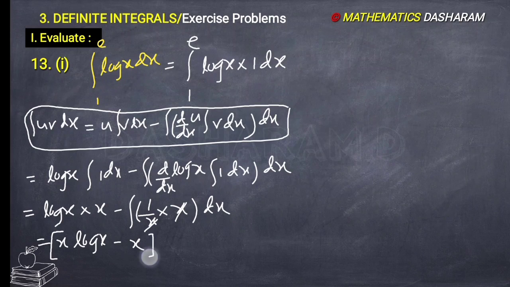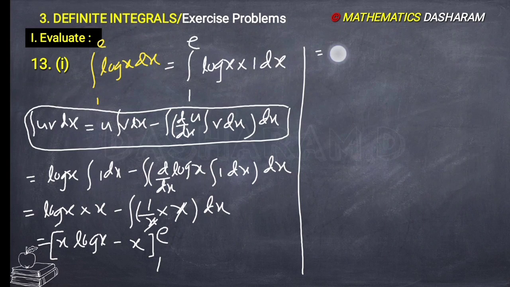For this apply the limits 1 to e. So let's substitute the upper limit and lower limit. So e into log e minus e, minus 1 into log 1 minus 1.